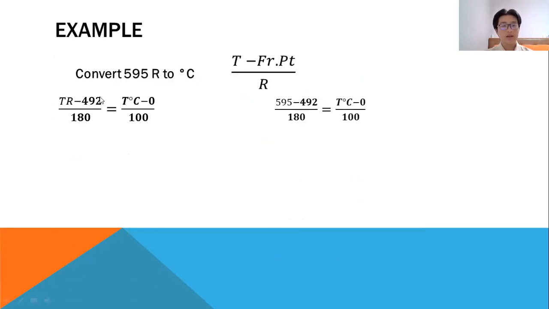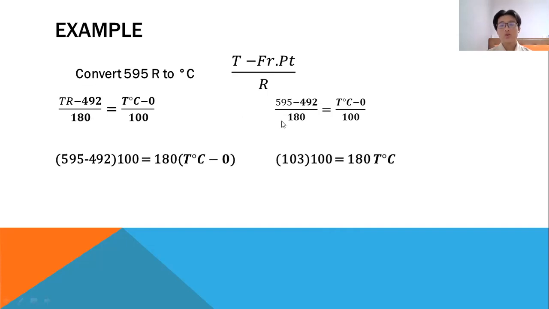So we get the temperature of Rankine minus 492 over 180. And we are asked for the temperature in degrees Celsius. So the temperature in degrees Celsius minus the freezing point of Celsius, which is 0, over the range, which is 100.